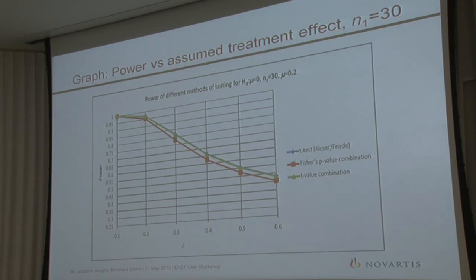But it's very little. And if you move on to n1 equal to 30, then those two methods almost have identical power, whereas the p-value combination approach, of course, loses some power still.